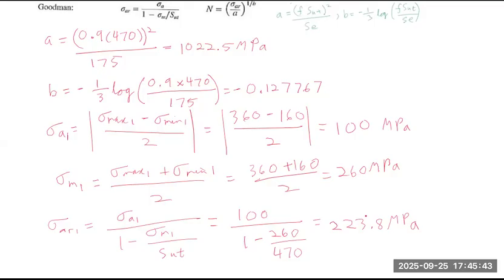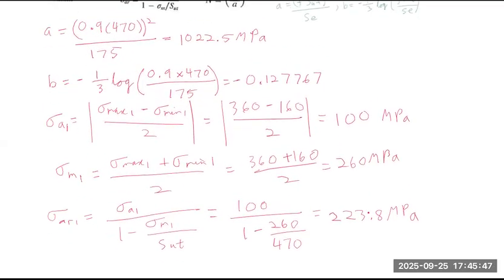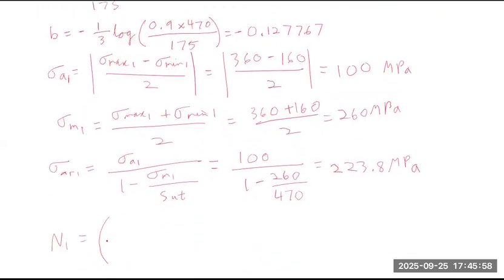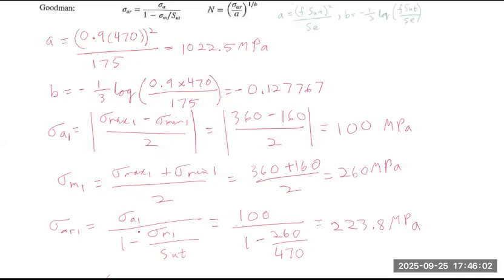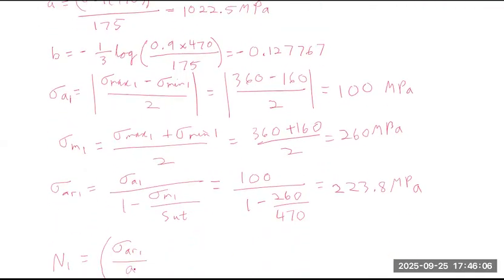Okay, so now we have our alternating stress 1, we can calculate N1. N1 will be equal to the alternating stress 1 over A1, to the power of 1 over B1.